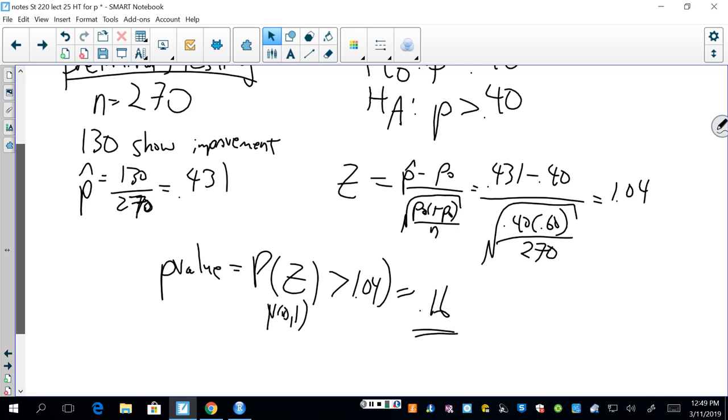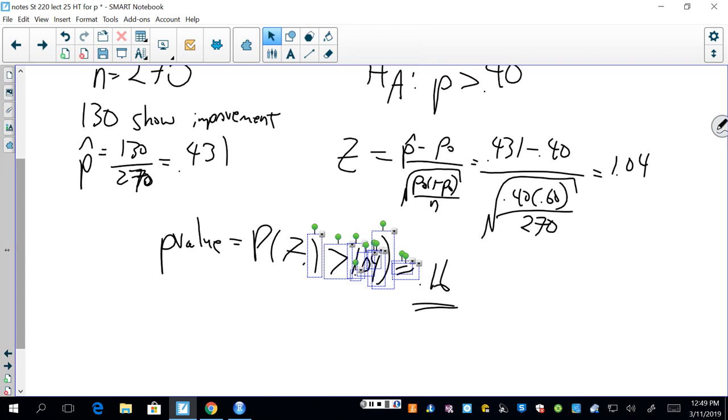The chance that a Z is bigger than one under a standard normal is about 16%. So about 16% of the time, you're bigger than 1, right? And that's called the p-value in this case because we're looking at one side.